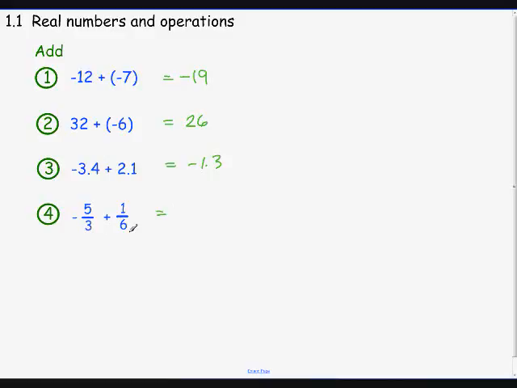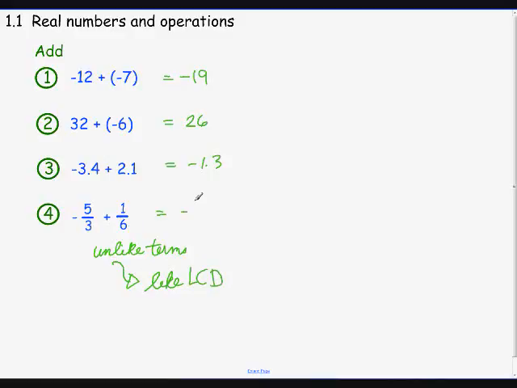We have different denominators. These are unlike terms. We cannot add unlike terms. We can make them alike, though, by getting the least common denominator, which in this case would be 6, wouldn't it?